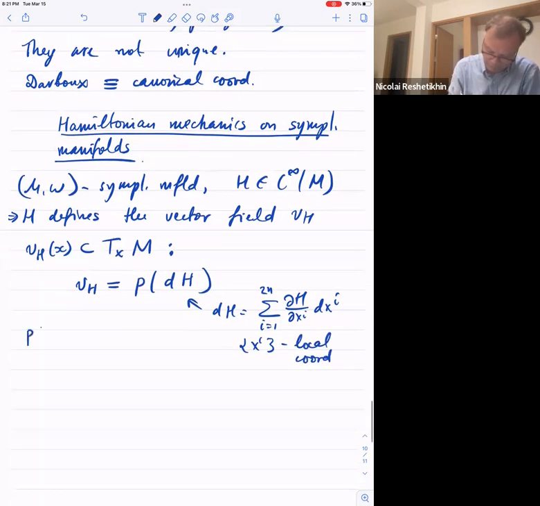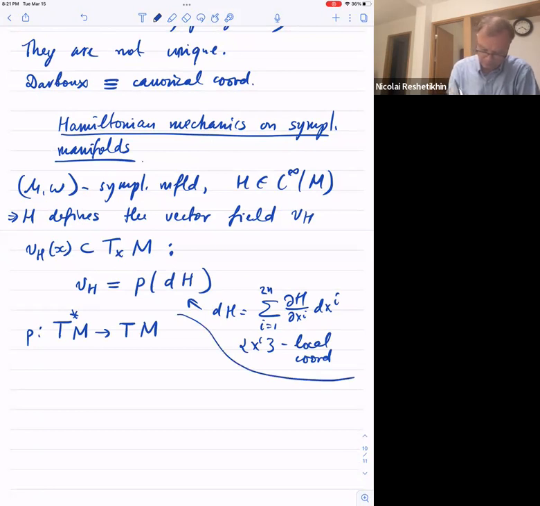And P is a mapping from the cotangent bundle of M to the tangent bundle of M, which is the inverse to omega, mapping tangent to cotangent.